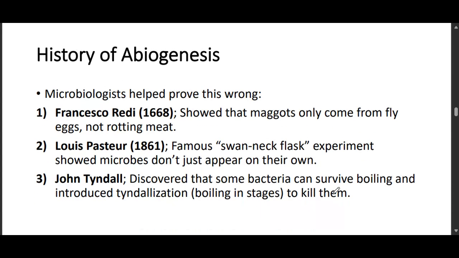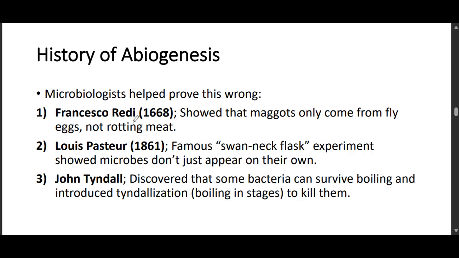Now, let's consider the history of abiogenesis. A few microbiologists came on board and took interest in disproving the concept of abiogenesis. The first one we have is Francesco Redi.